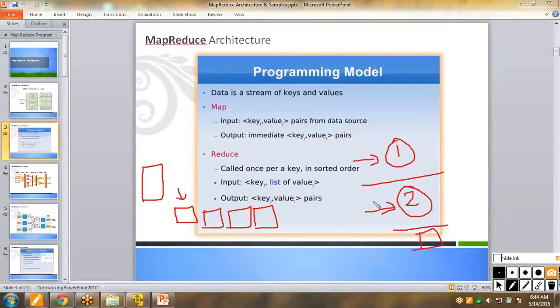But the task tracker is purely the local coordinator of the programs we develop. There should be some arrangement to run the program. That arrangement is called the slots, the map slot and the reduce slot.